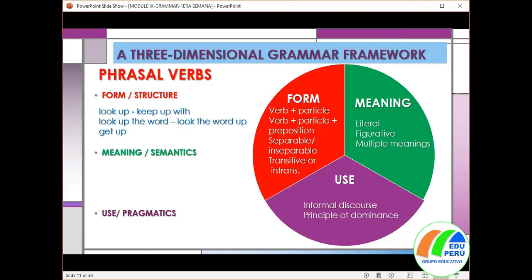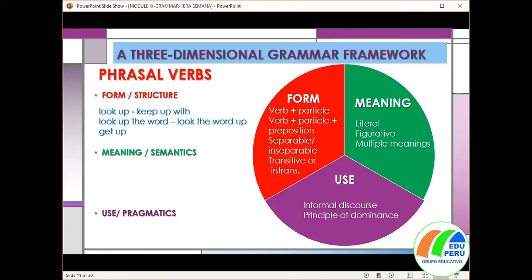And transitive and intransitive, remember, transitive is when the verb takes an object. For example, look up is a transitive verb because you have an object. The word is the object. But get up is an intransitive verb because this verb doesn't take an object. And notice, this is the structure, this is the form.